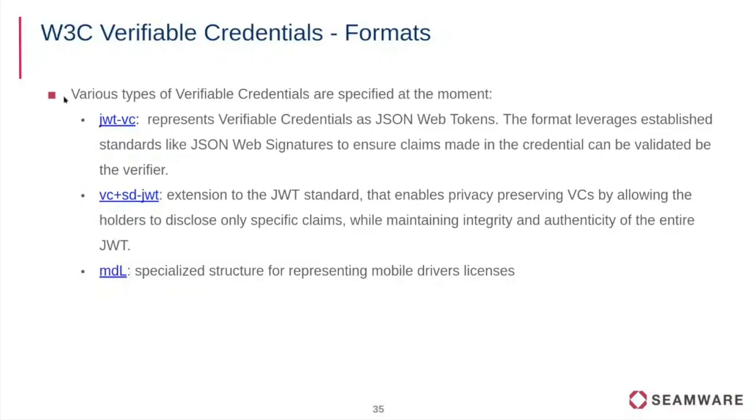The JWT-VC credential represents a verifiable credential as a JSON Web Token. I think most of us are well aware of how a JSON Web Token looks like. And it allows essentially to leverage the established standard for JSON Web signatures to ensure that the claims are made by the credential and can be validated by the verifier. It also has the benefit that we can reuse a lot of techniques that were developed through the last decade, and which are, let's say, well hardened to work with signatures and verify them, so that we actually have the credential that you have seen before in the form of a JWT token.